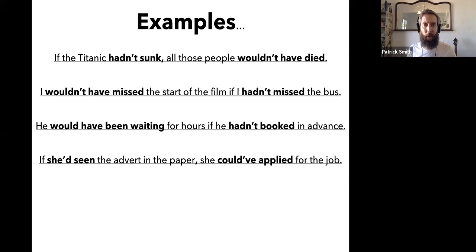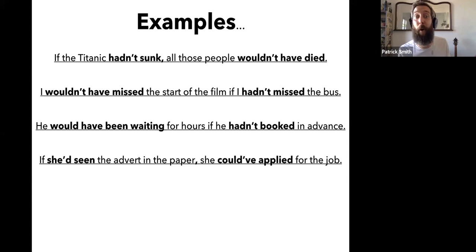Now, in this example, the word paper is pretty colloquial, but I think you can imagine it means newspaper. She could have applied. So you remember the same idea as with the second conditional. It's okay to use could instead of would if we want to add this idea of possibility.